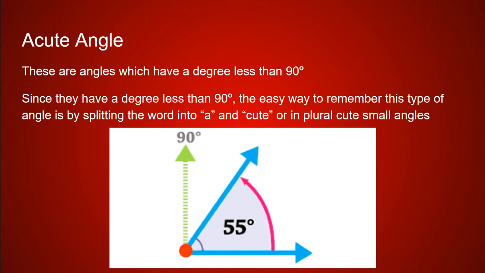So acute angle. Why cute angle? Because when you think of cute things, they're mostly small kids or small animals. Since this is below the average, it's small and so it's cute. Easy to remember.